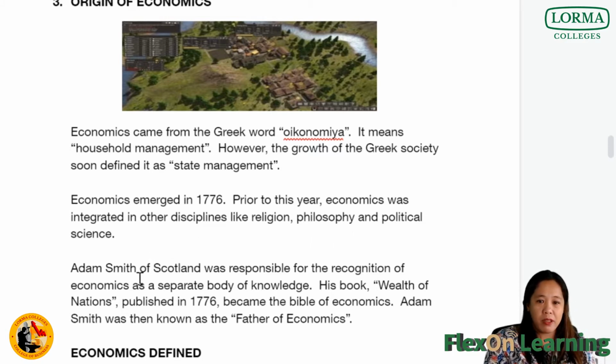By the way, the father of economics is Adam Smith, who is from Scotland, because he was able to create lots of principles and statements regarding economics to the extent that he created the first economic book, Wealth of Nations, published in 1776, and this is now the basis for the teaching and learning of economics.